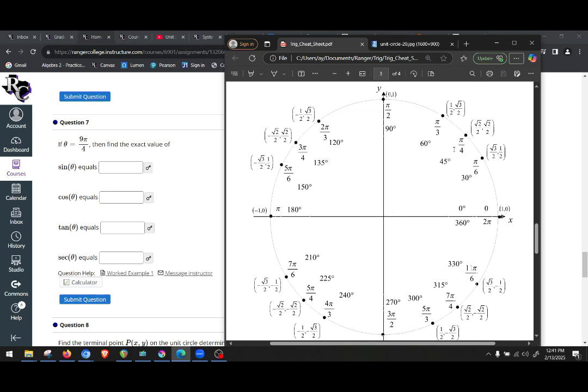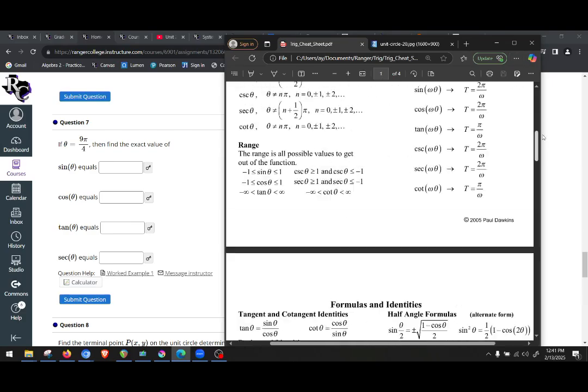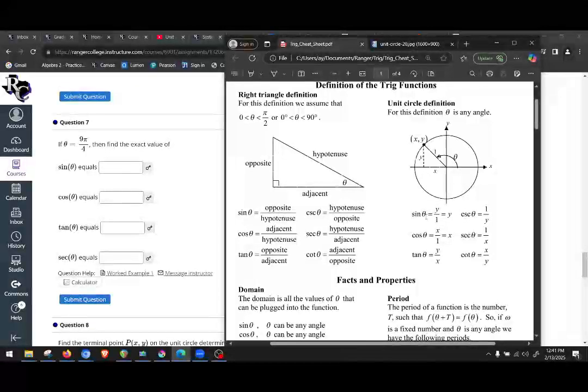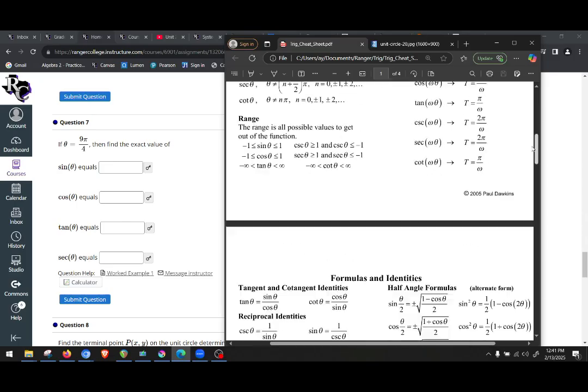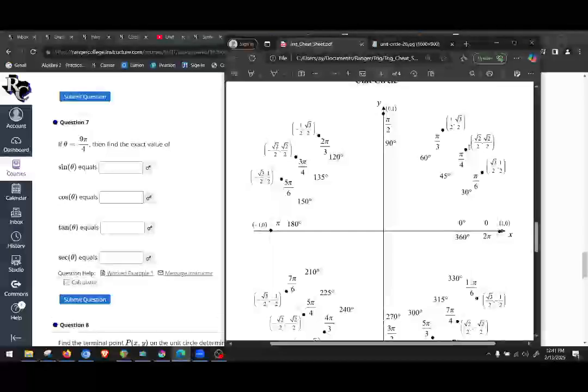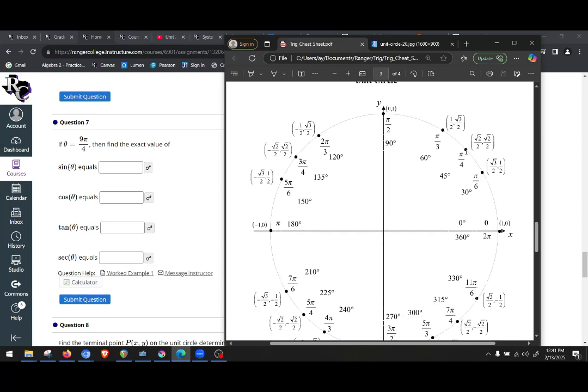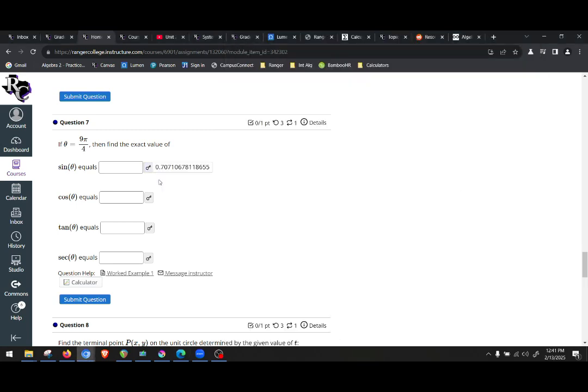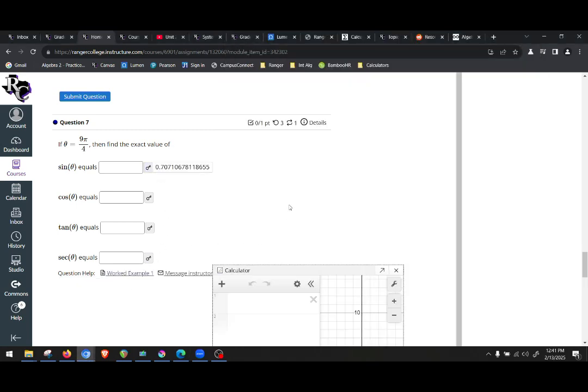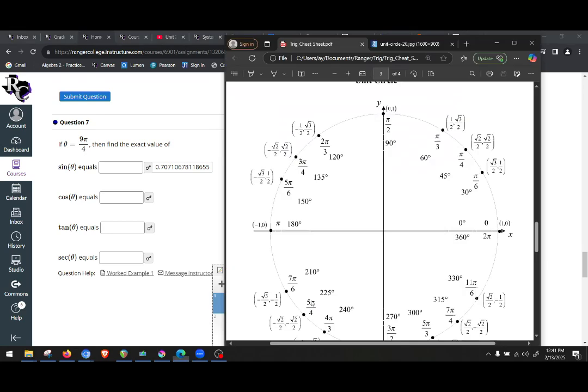And we're wanting to know the sine value. Well, if we come up here, sine of theta equals our y coordinate. Okay, so if this angle here is 9 pi over 4, our y coordinate is square root 2 over 2. Our cosine of theta is going to be our x value, which in this case is the exact same thing.